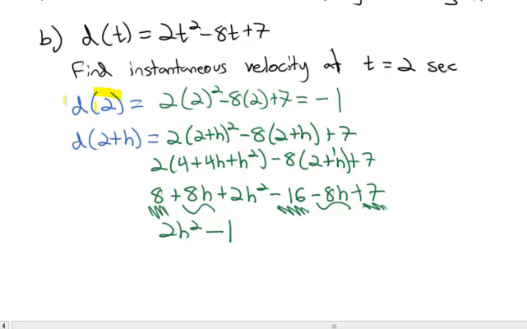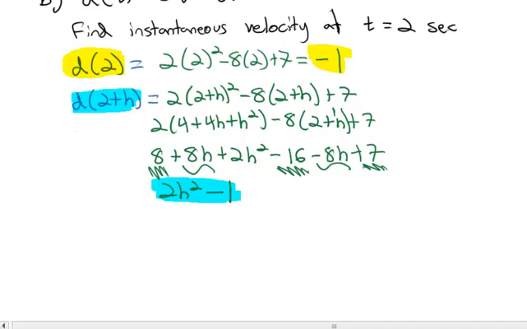And so here are the 2 pieces we need. D of 2 equals -1. D of 2 plus h is 2h squared minus 1. So when we go to the formula for instantaneous rate of change, it's the limit as h goes to 0 of d of 2 plus h minus d of 2 all over h.